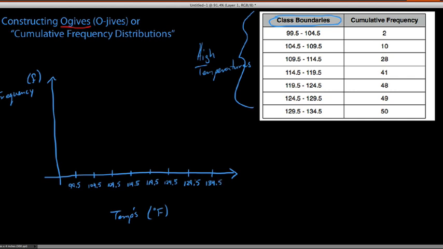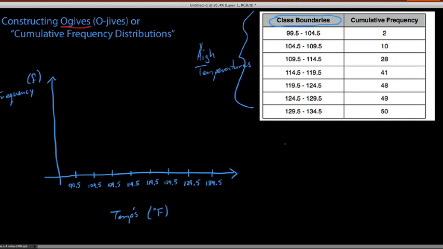Now the important thing to recall is why we make ogives in the first place. They are very convenient when trying to say how many data values fall at or below a certain level. What if I wanted to ask, of all the 50 states, how many of them had a high temperature of, say, 125 or below?